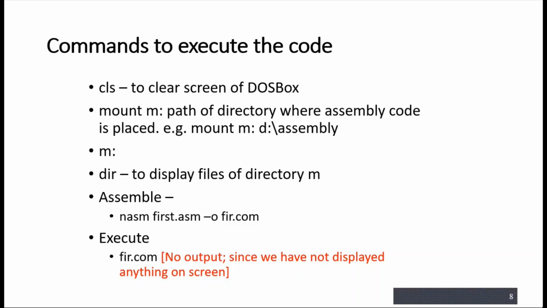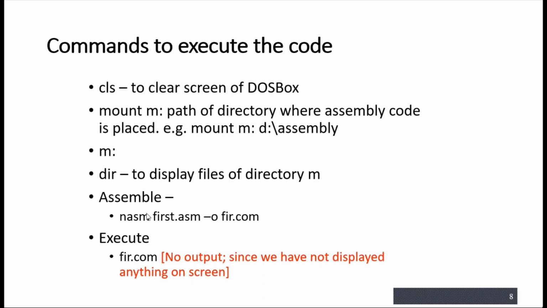Here, the commands are given to execute the assembly code using NASM. The CLS command can be used to clear the screen of the DOS box. We have to mount to the directory where we have placed the assembly code file, which was fir.asm in our case.